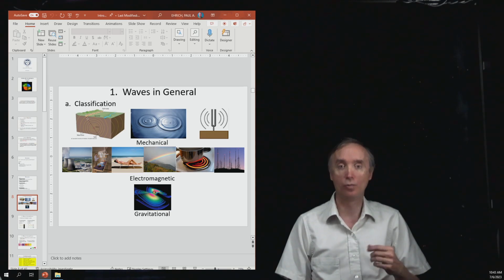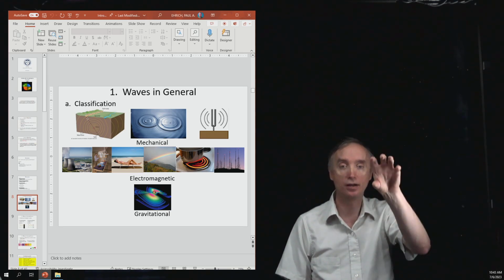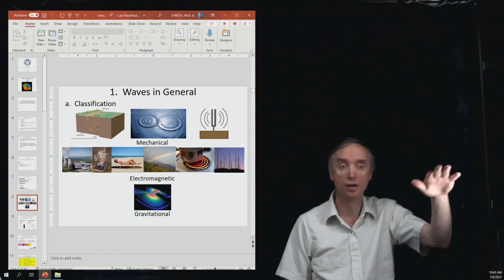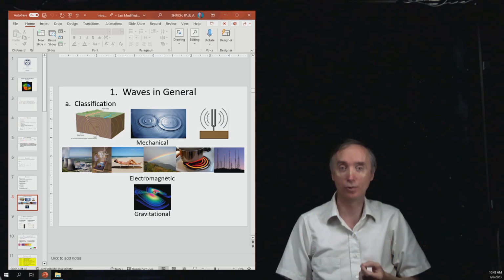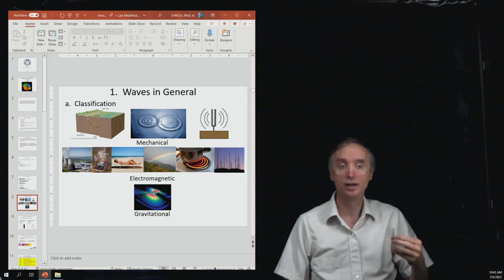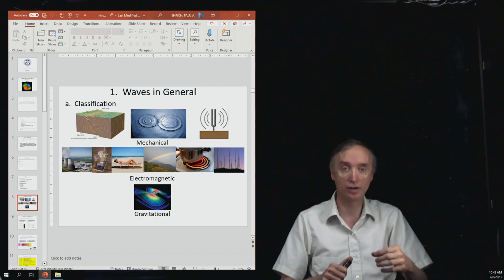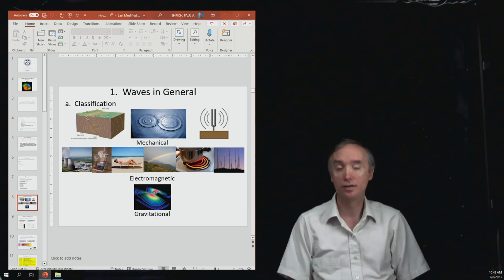In the case of a water wave, the water itself is moving up and down, and that is what's transmitting a water wave. In the case of sound waves, it's the air itself banging into each other that is transmitting the sound wave. So all of these are examples of mechanical waves.